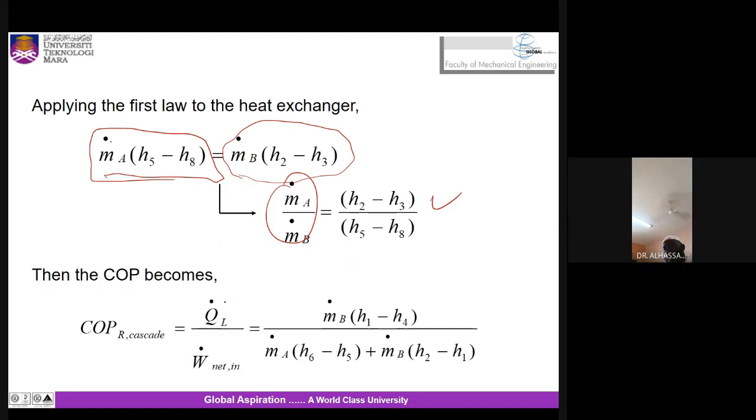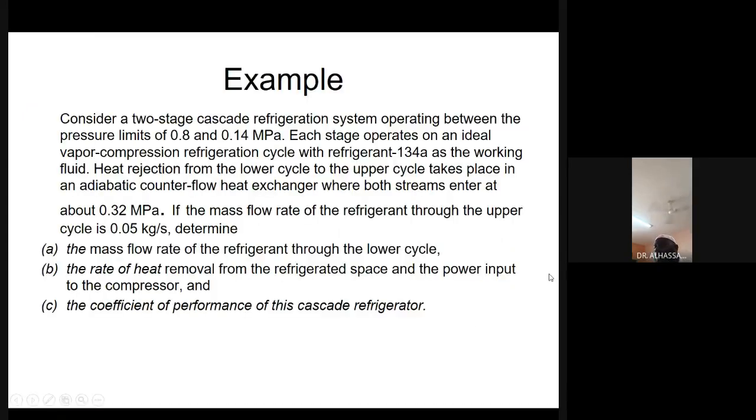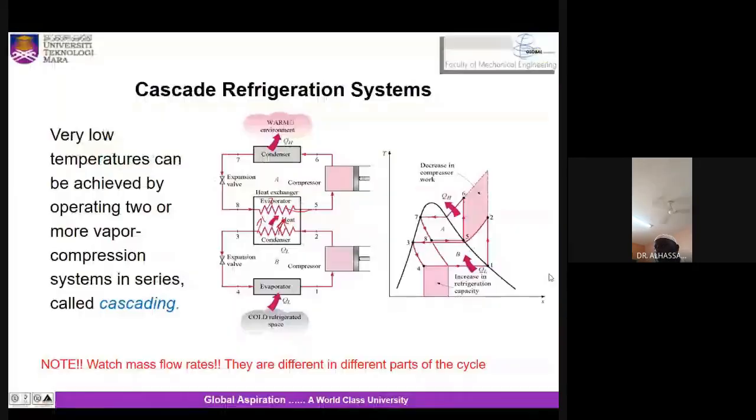Similarly, now the COP for the refrigerator is given by, we know classically, COP for a refrigerator equals QL divided by W net. Now this QL means both refrigerators, A and B, are working together in order to maintain this refrigerated space at a lower temperature.